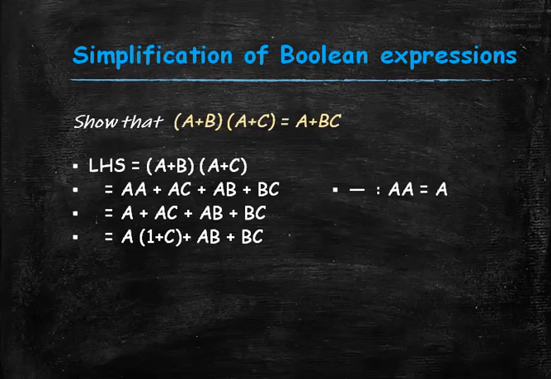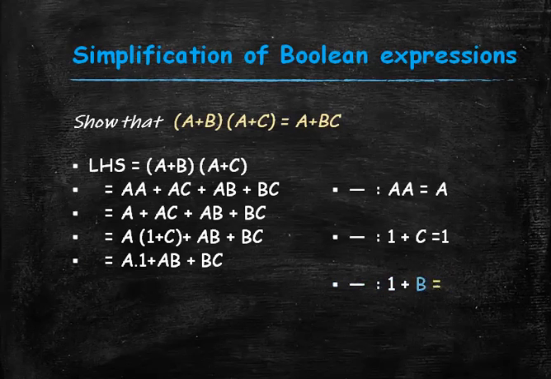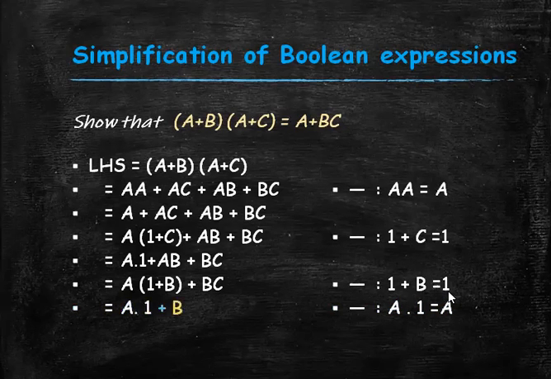We know that 1 or C is equal to 1. Then A and 1 or AB or BC, A and 1 equal to A, and we write A and 1 or B. We take A from the first two terms and we know that 1 or B is equal to 1. Then we get A or BC is the result.